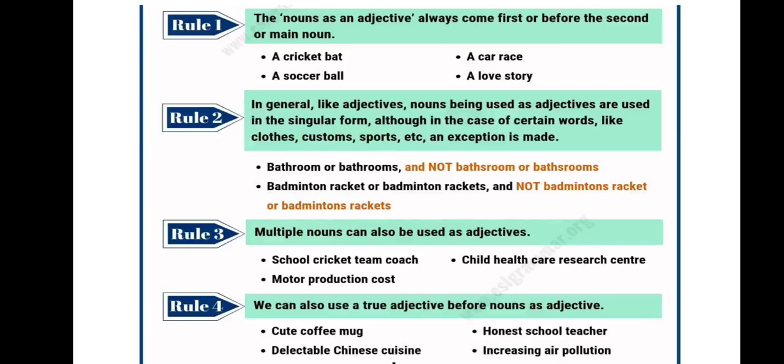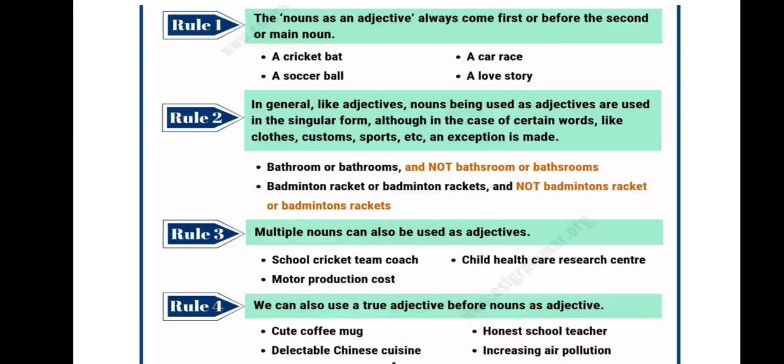Next line, Child Healthcare Research Center. All these four words are nouns, multiple nouns. But again, all these four words together describe which word? Center. What center is it? It's a Child Healthcare Research Center.